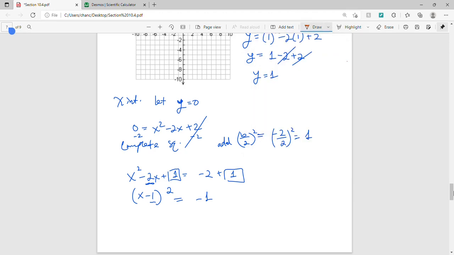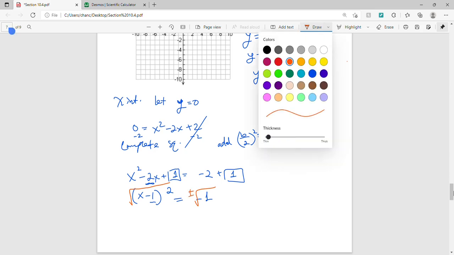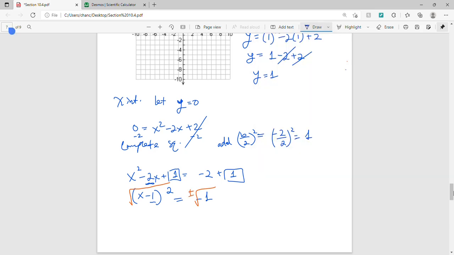How do you solve for this? Well, you'll take the square root of both sides. Don't forget the plus or minus. So this simplifies now to x minus 1 equals plus or minus, what's the square root of -1? That's going to be i. So that's a problem. That means if I were to solve for x, let's add 1 to both sides.